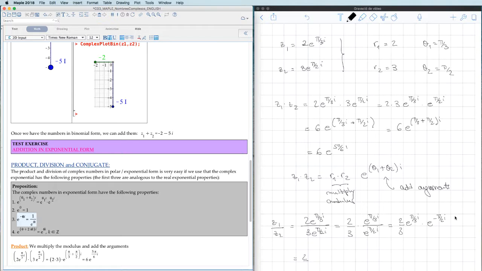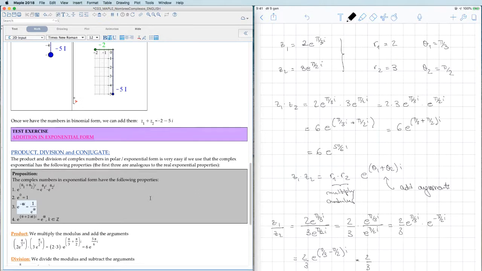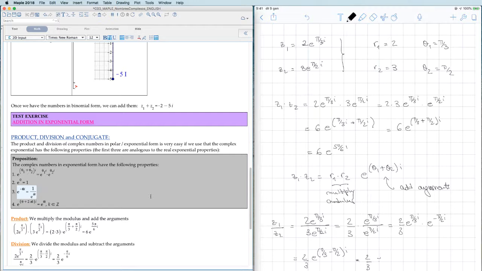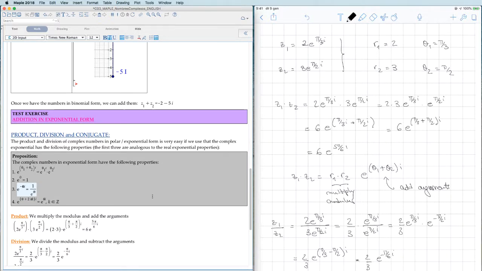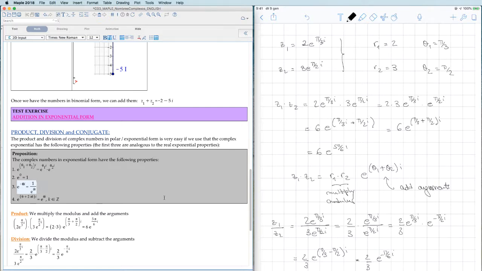Now we use property 1 to join them, and I do it directly. And now I just have to do the subtraction. So the result that I'm going to get is π/3 minus π/2, which is −π/6.